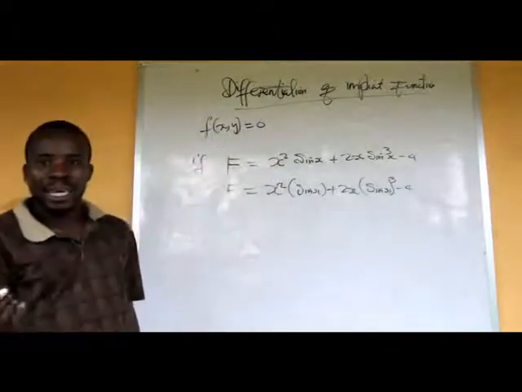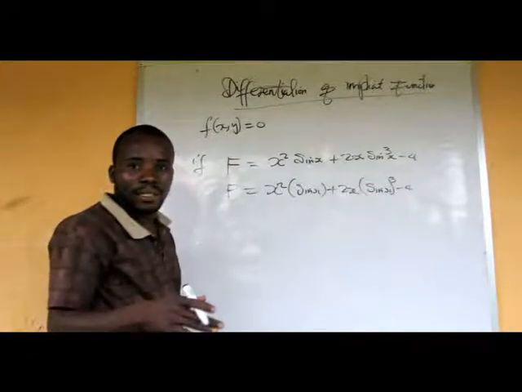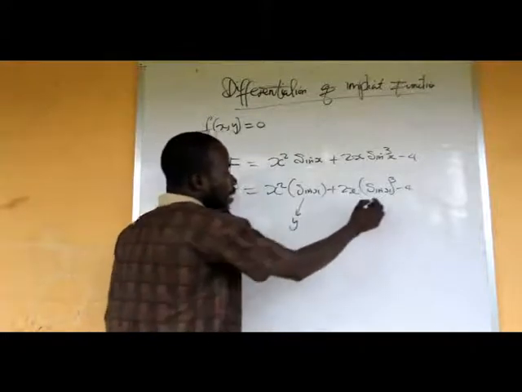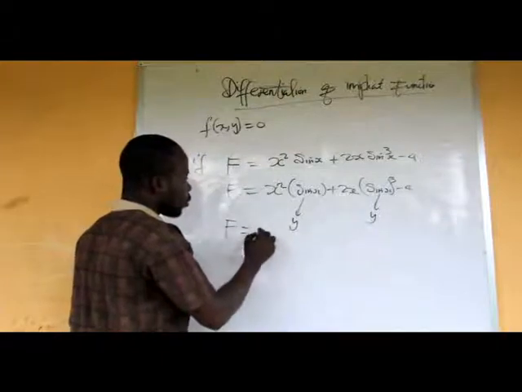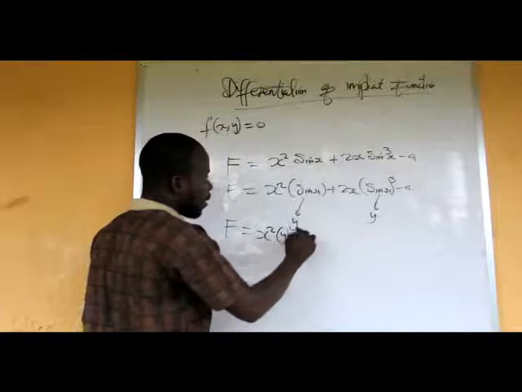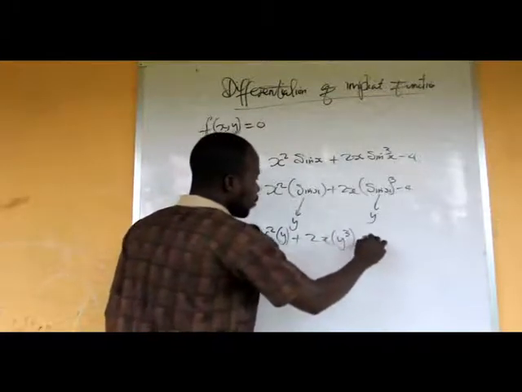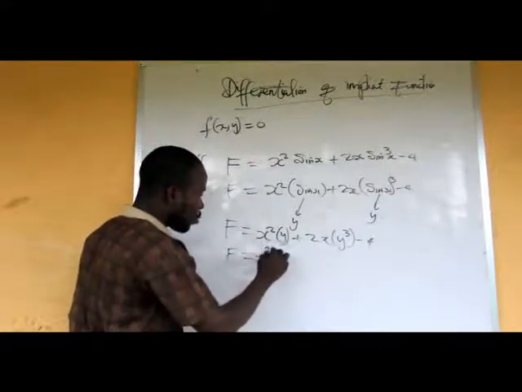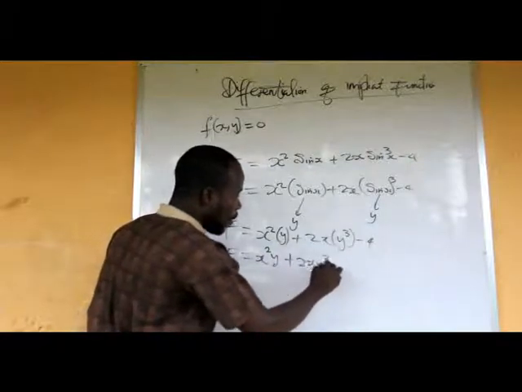Now, if we decide to represent sin x by another alphabet, let's assume we represent sin x by y, we replace it by y. We'll now have that f equals x squared y plus 2x y cubed minus 4.